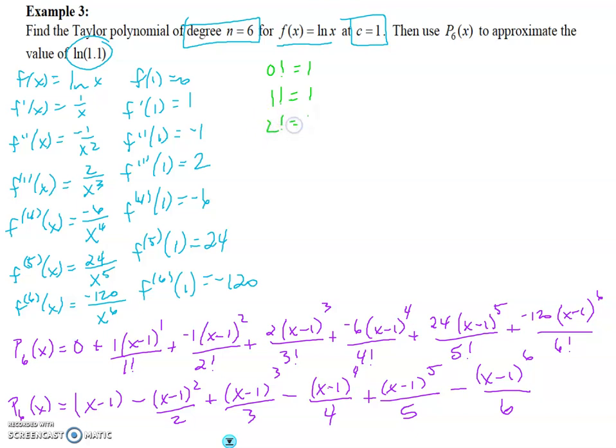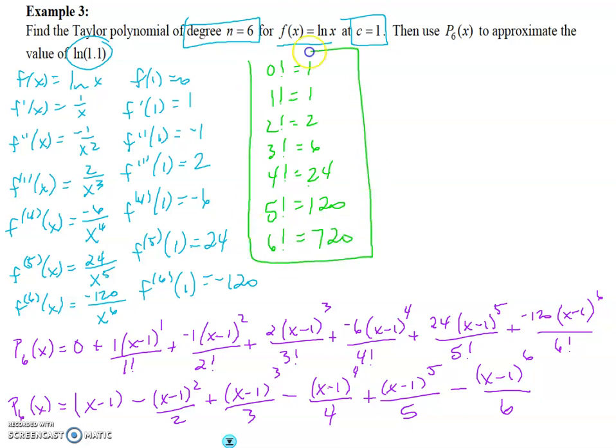So 2 factorial is equal to 2. 3 factorial is equal to 6. 4 factorial is equal to 24. 5 factorial is equal to 120. 6 factorial is equal to 720. So if you know those offhand, it makes simplifying these Taylor polynomials a little easier.